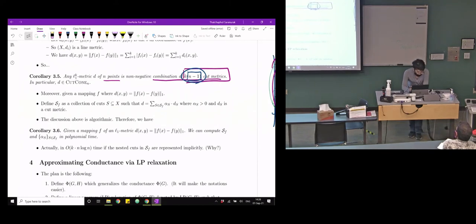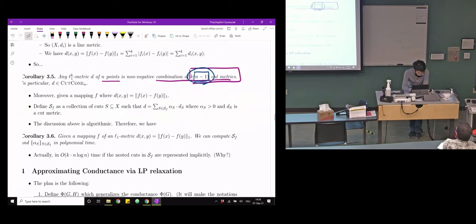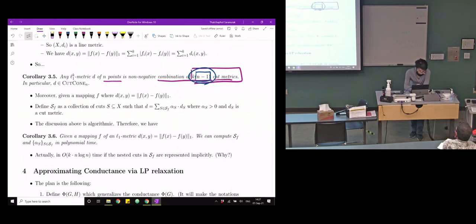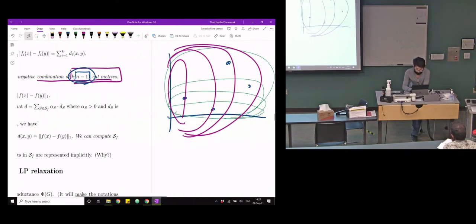All right. Given, let's say, that D is an L1 metric with a mapping F, I want to define script F to be just this collection. It's the purple thing together with the green thing.